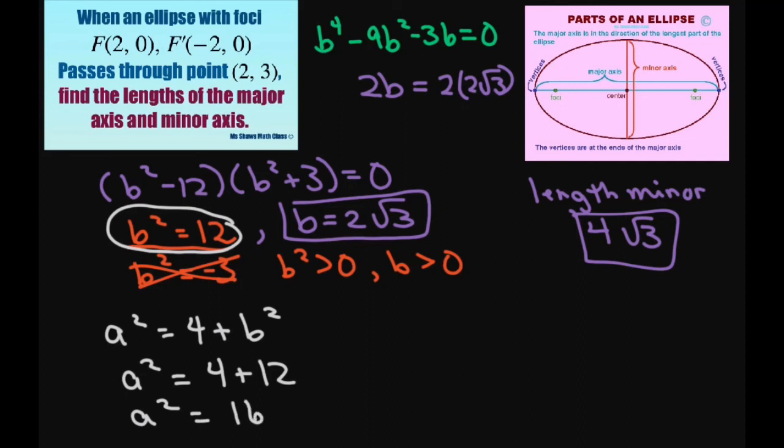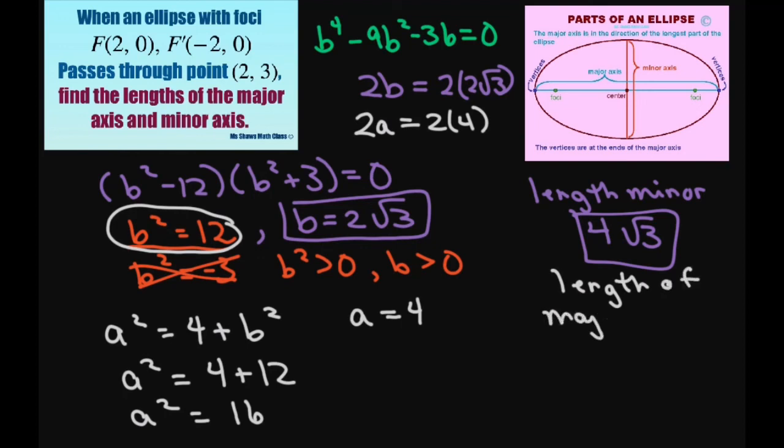When you square root, you get plus and minus 4, but we want our a to be positive, so our a is going to equal 4. Therefore, the length of the major, so 2a, is going to equal 2 times 4. So the length of the major axis is going to be 2 times 4, which equals 8.